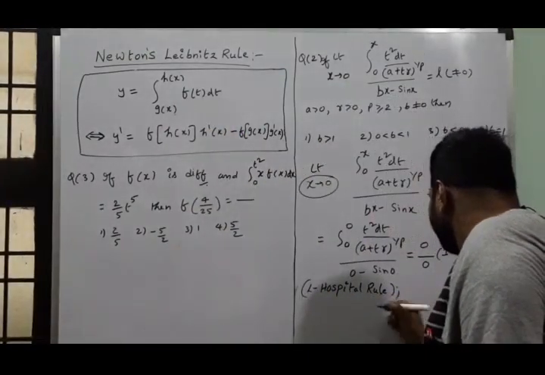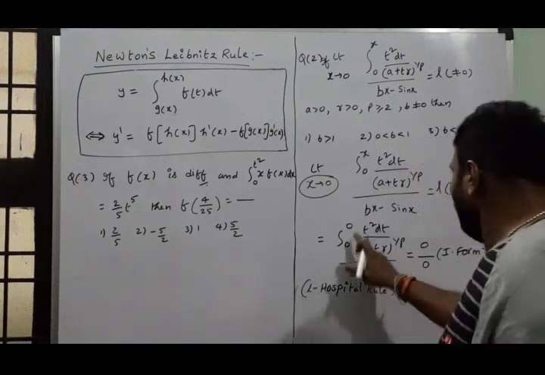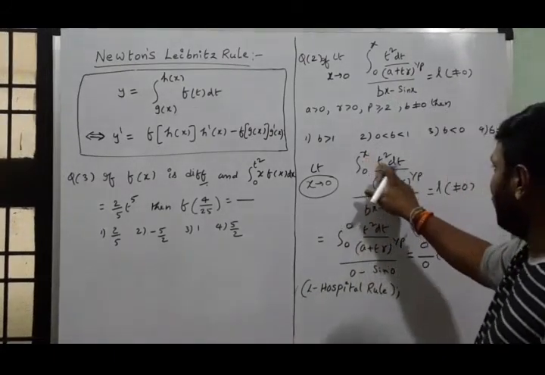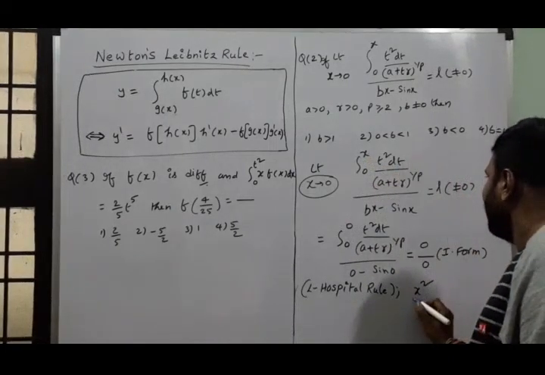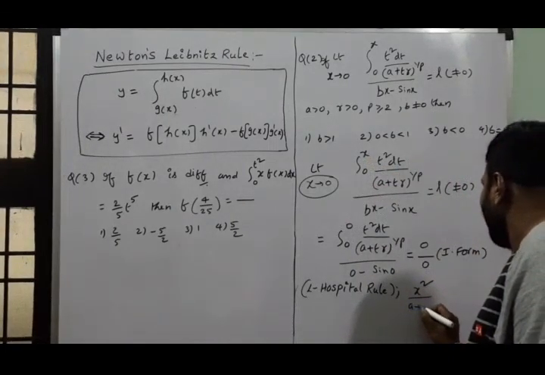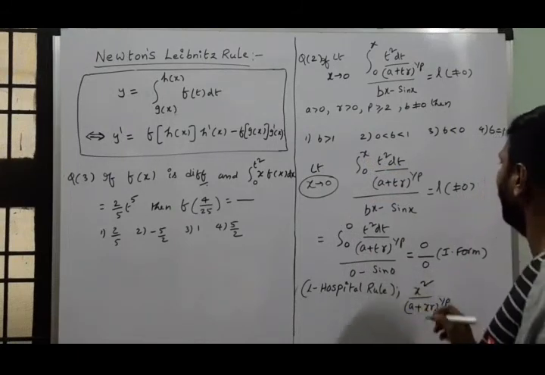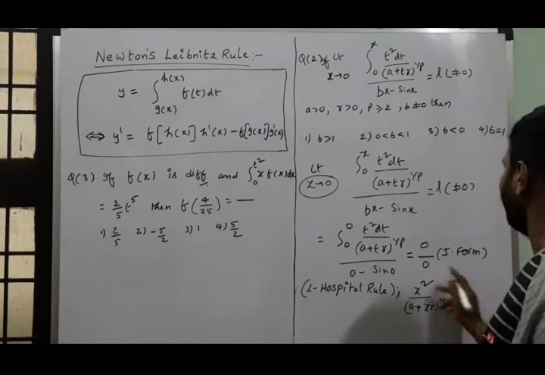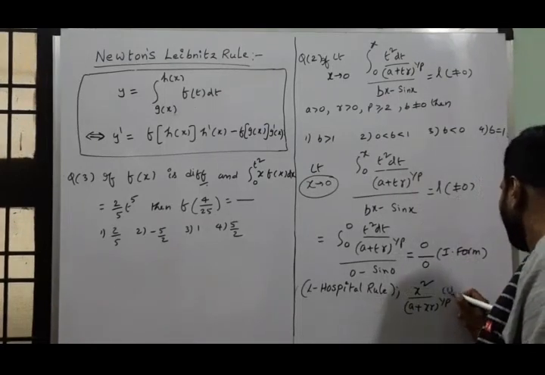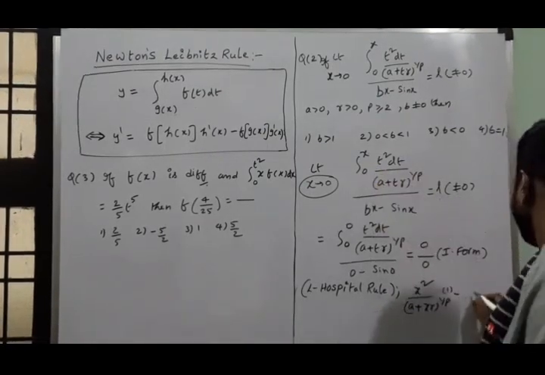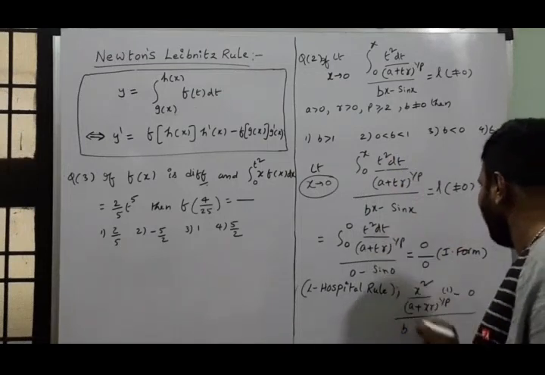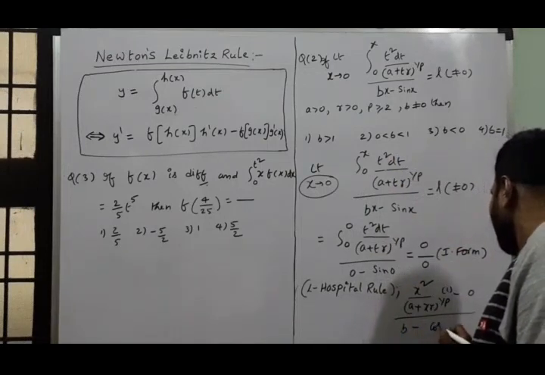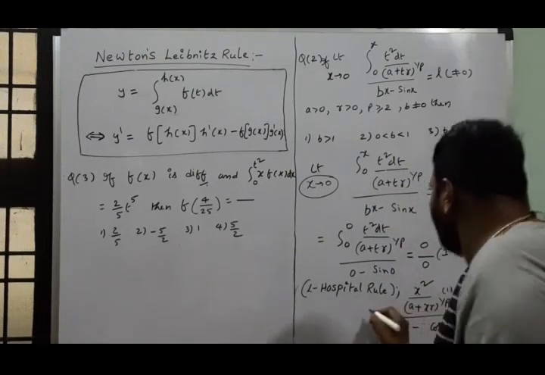Substitute the upper limit: x square, derivative of x is 1, divided by a plus x to the power 1 by p, minus x derivative 1 minus substitute lower limit 0 divided by b into derivative of x is 1, the sin x derivative is cos x.